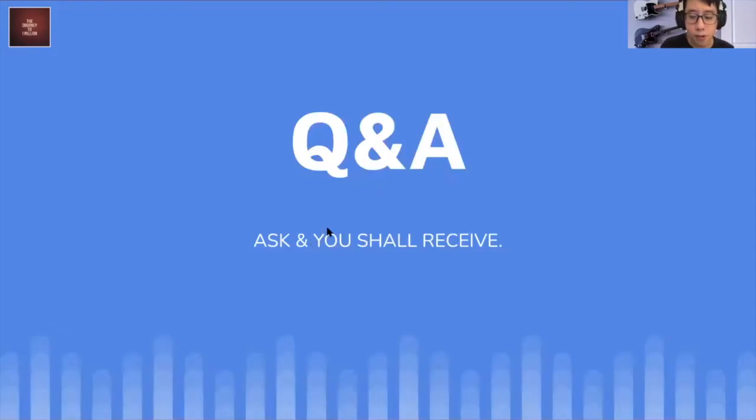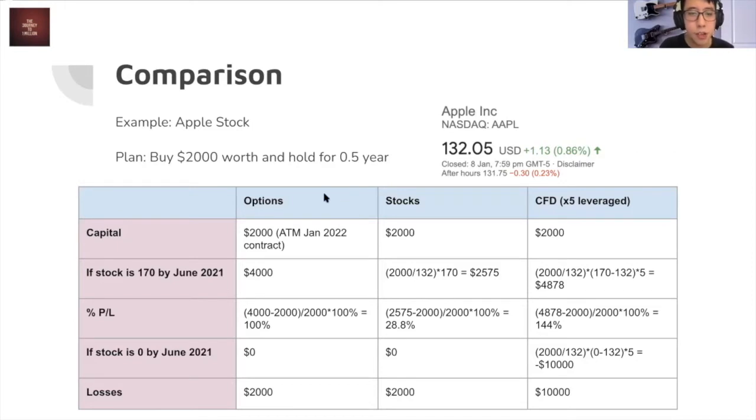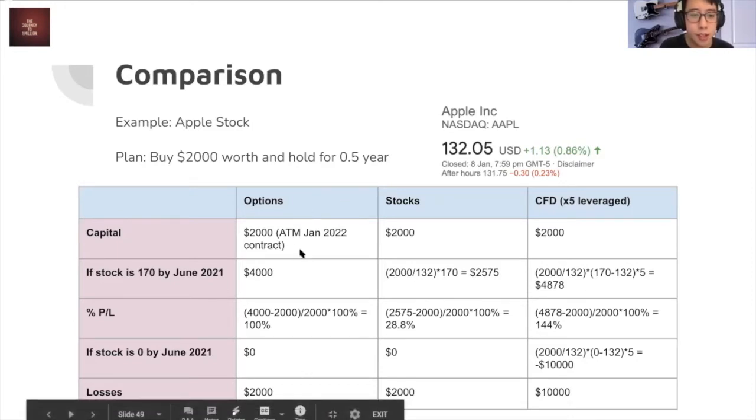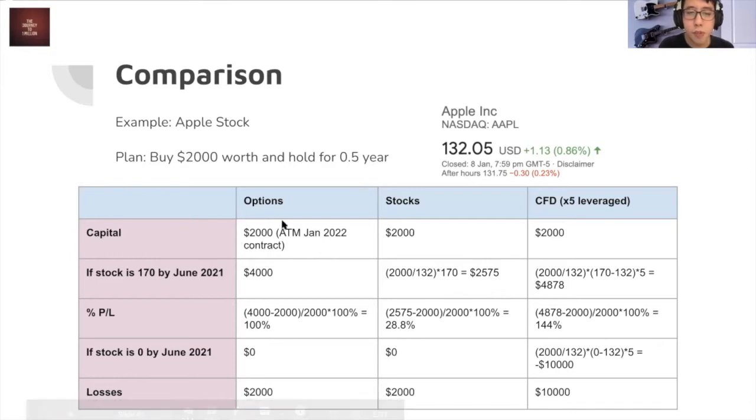So for the options, the capital of the options, the stock and the CFD is, I put here, 2,000, because that is your plan, that you want to spend only 2,000 capital.